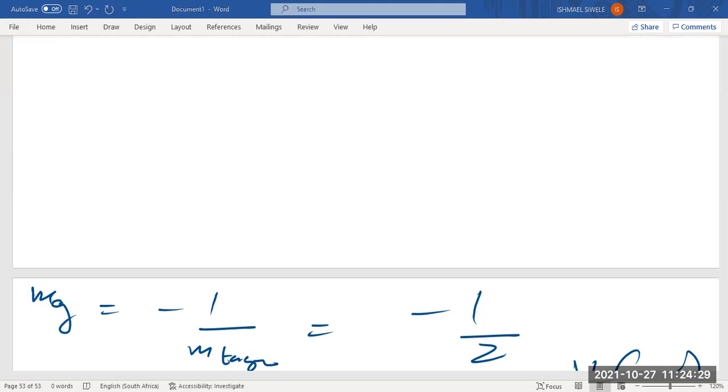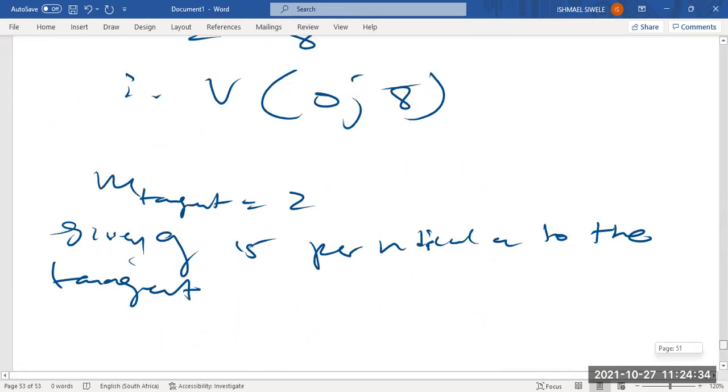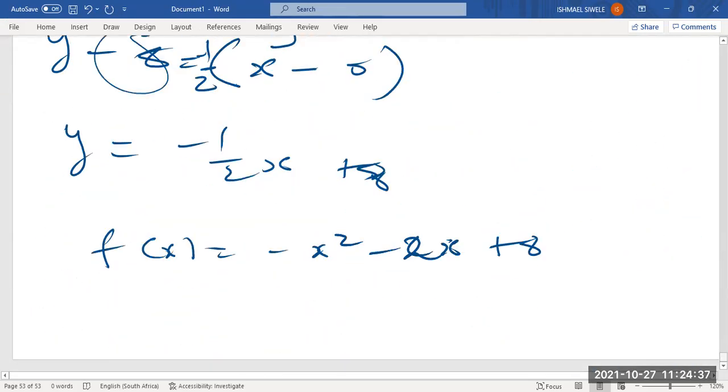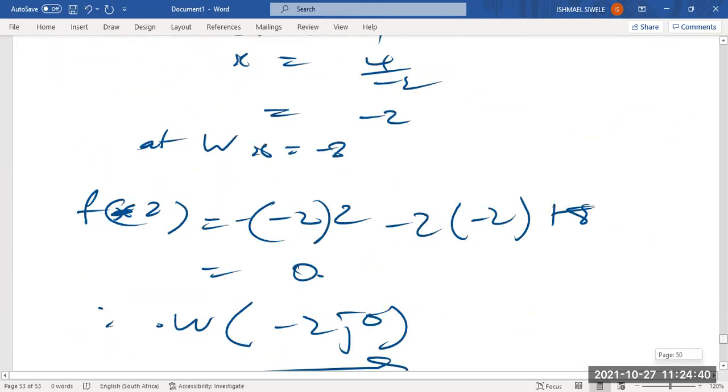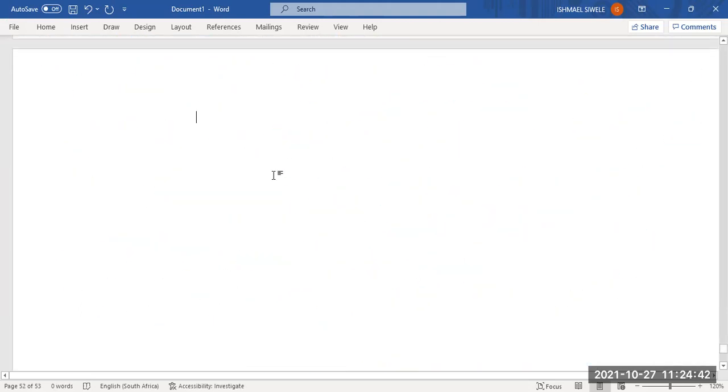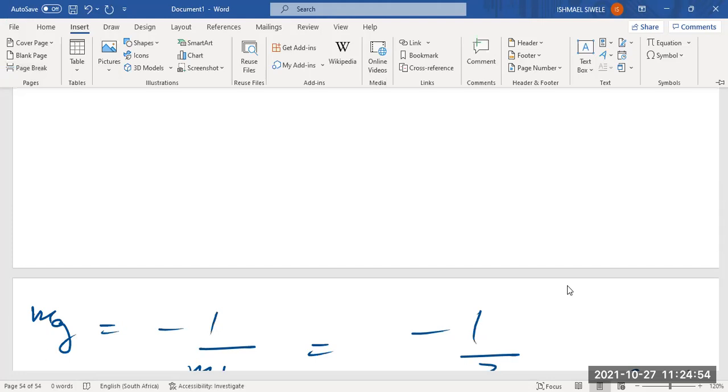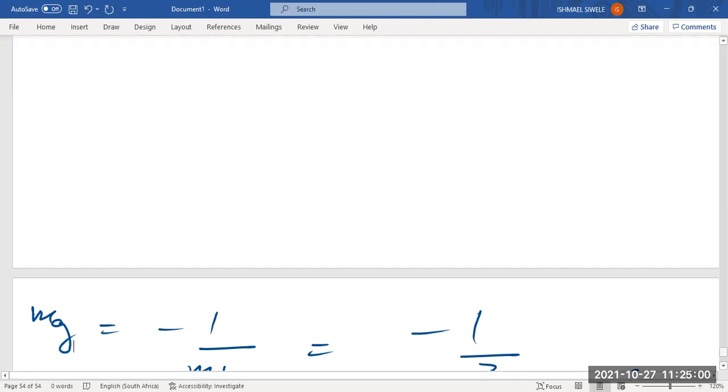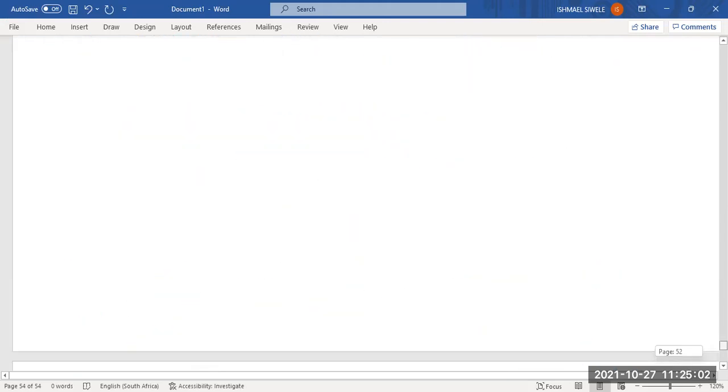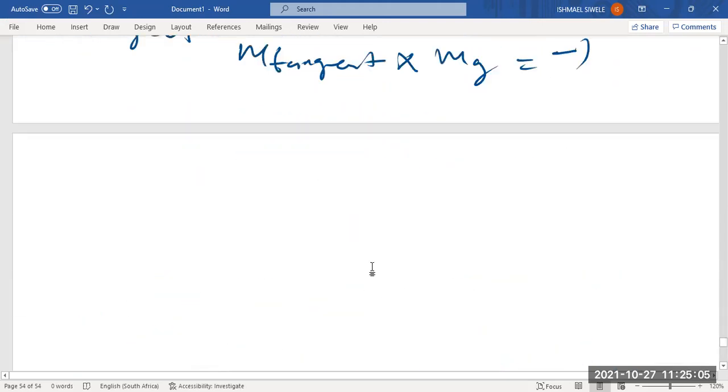I must carry on with the mess that I have made. Okay. Let me insert another page because what I did here is a mess, like I'm telling you. It is a mess. Okay. Yeah, now it's better.